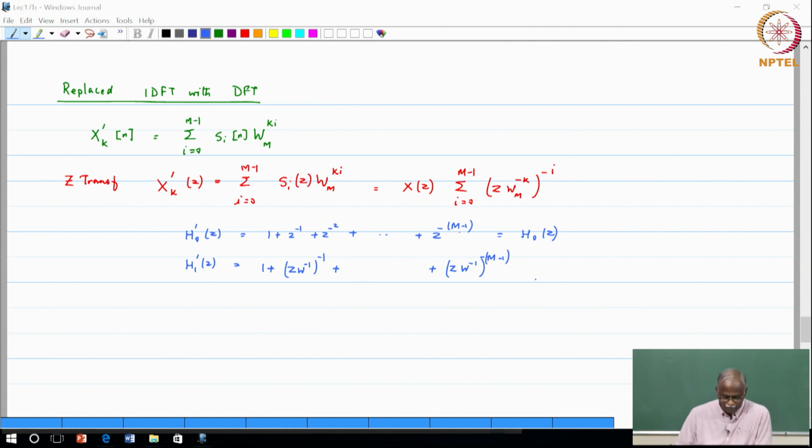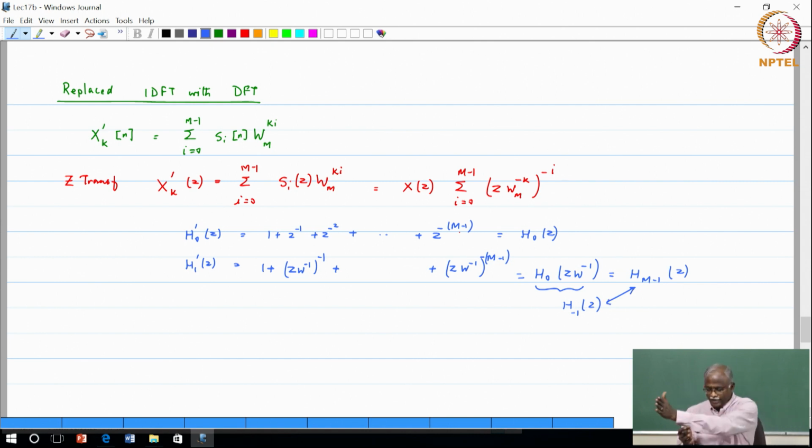And if you simplify, you can show that this is nothing but H naught of Z W minus 1, which in our terminology would actually be H of m minus 1 of Z. It is as if you are writing H of minus 1 of Z, and whatever you call minus 1 already has a name, that is H of m minus 1. Okay. So, of course, you can go through and verify that the final filter Hm minus 1 prime of Z is nothing but H1 of Z.